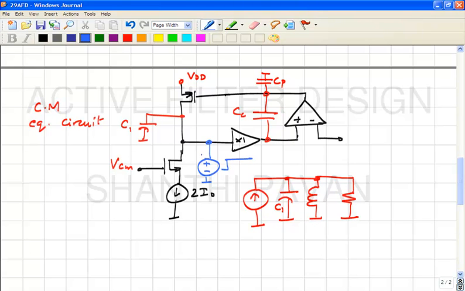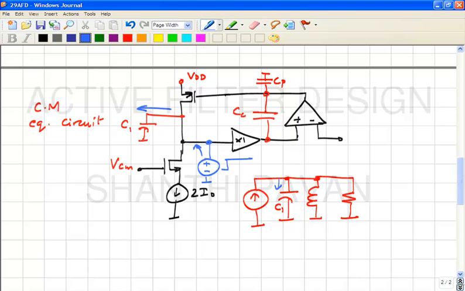Okay, what all currents flow out of this guy? There's one component flowing through C1, and what kind of component is that? If I apply a step change in voltage across a capacitor, what is the current that flows through the capacitor? It's an impulsive current. Okay, so that also flows through this C1 in the equivalent circuit. So that is accounted for, right?